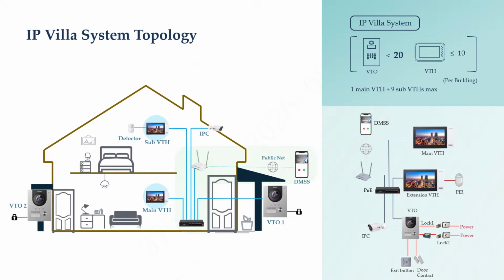Yes, for example, if you have a back door at the end of the garden, you can have 2 VTO. And the VTH also has alarm inputs, so you can connect a door chime button, or you can connect your detectors.